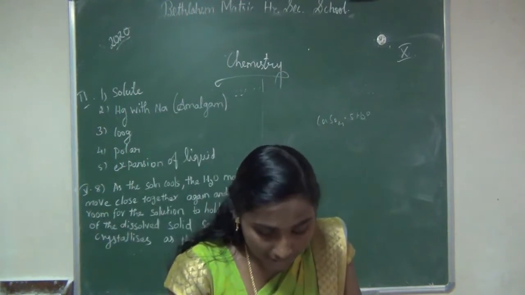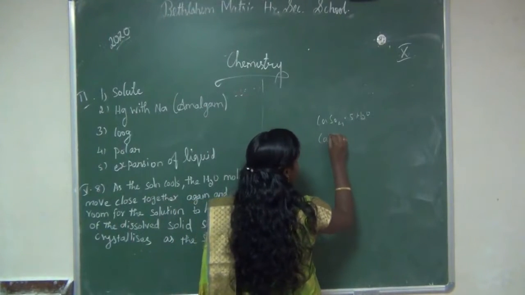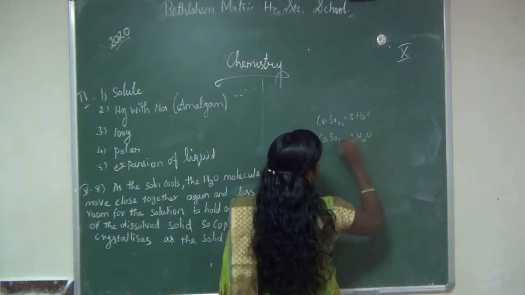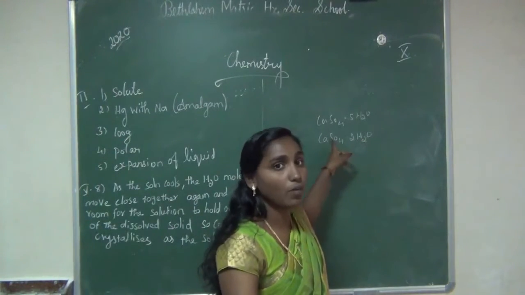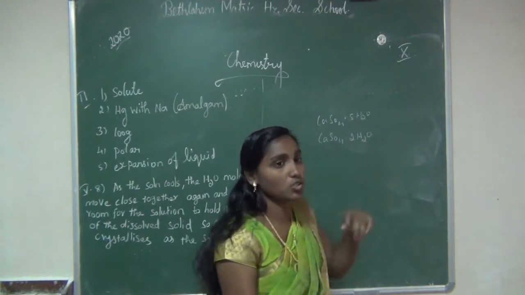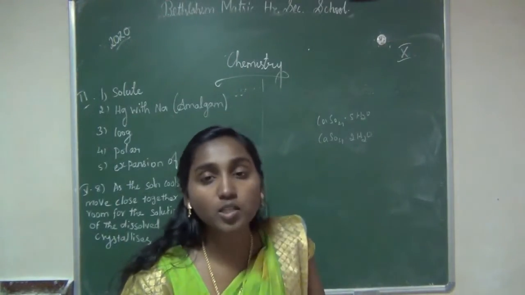Then second one, gypsum. Gypsum chemical formula, CaSO4 2H2O. Calcium sulfate dihydrate. Gypsum molecular formula, CaSO4 2H2O. Mark it.